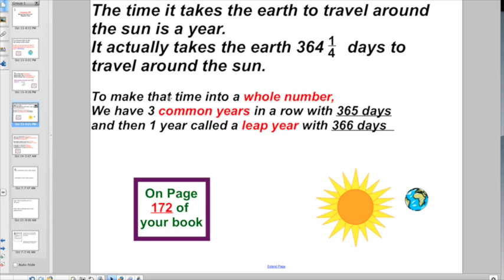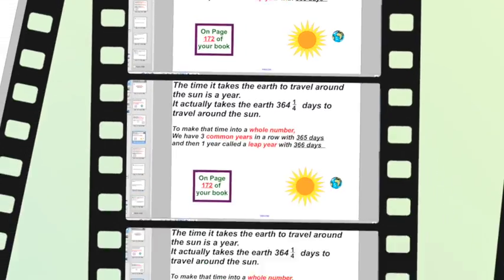So to make up that time into a whole number, we have 3 what they call common years. A common year will have 365 days. We have 3 common years in a row, and then 1 year called a leap year. And when it's a leap year, there are 366 days in a year. 3 of them in a row have 365. Then the 4th year, the leap year, has 366.